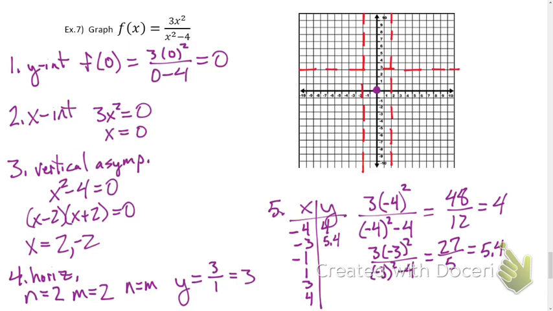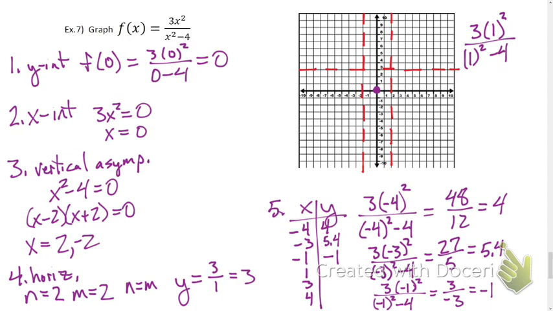Running out of room. Let's plug in -1. And I get 3 over -3. I get -1. Plug in 1, and I bet I'm going to get -1 again. Yep.